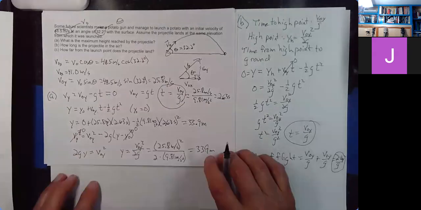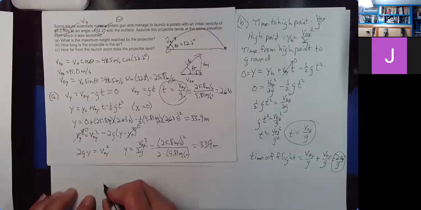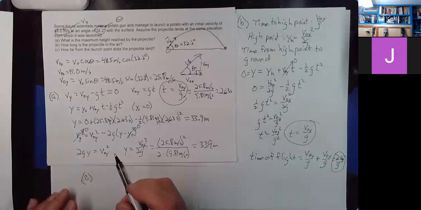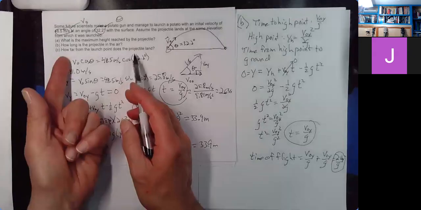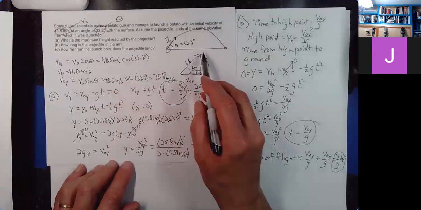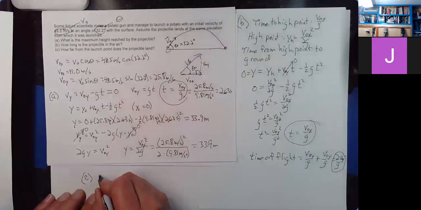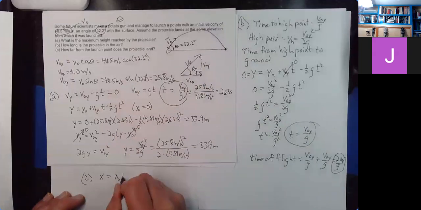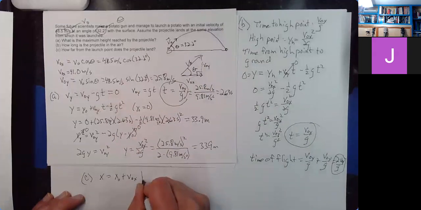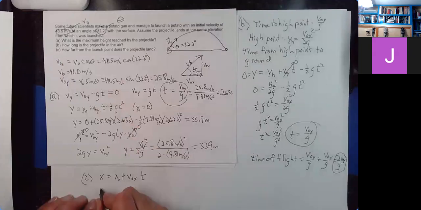So for part C now, we can bring in our x equation finally. When they say how far from the launch point, that's the distance in the x direction. So x is equal to x naught plus v naught x times t, or you can say x minus x naught. That's how far it travels horizontally.